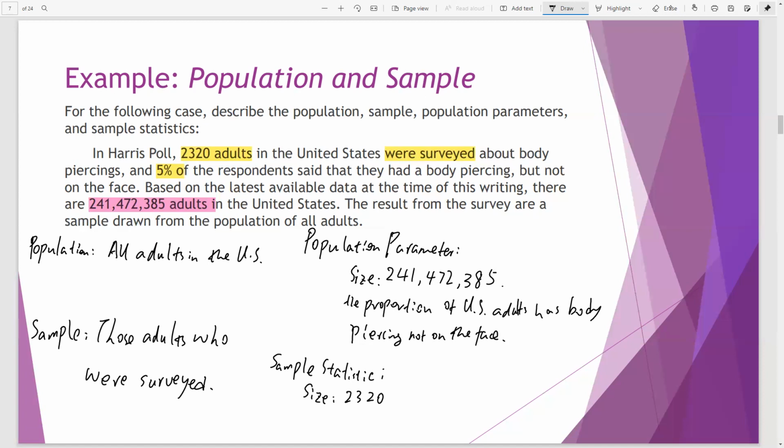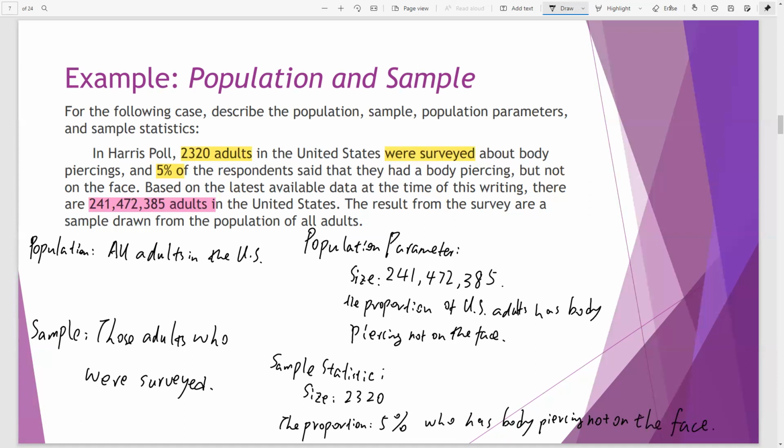That size is 2,320, and the proportion is 5% who have body piercing that's not on the face.